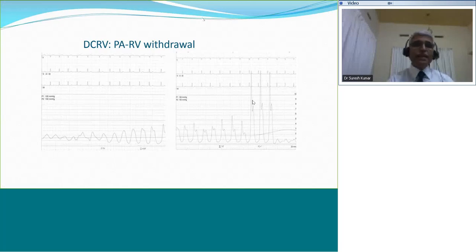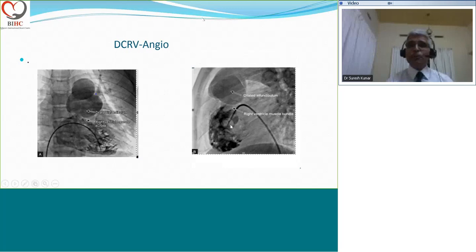And in the angiogram, look at this lateral view first. You can see a dense muscular obstruction here, and the infundibulum is grossly dilated. You may not find this often. This is too classical. You may find a normal infundibulum. But you can see that there is a muscle bundle obstructing here and this dense trabeculation.